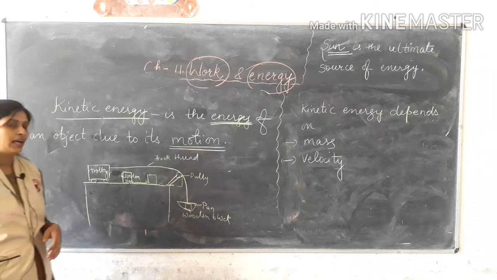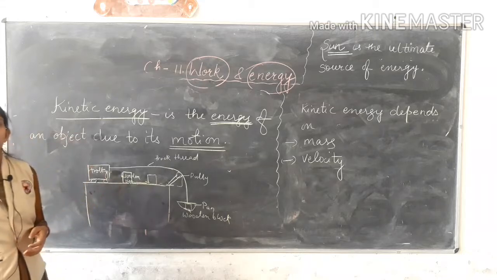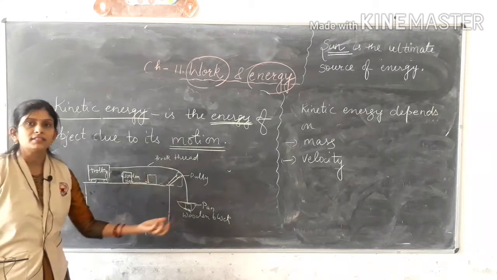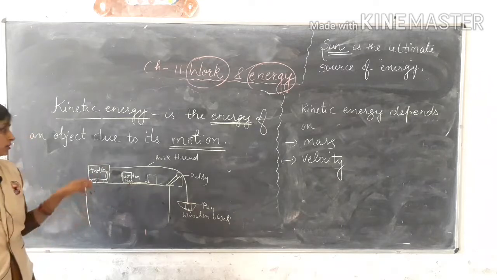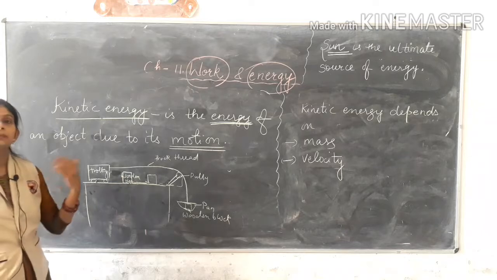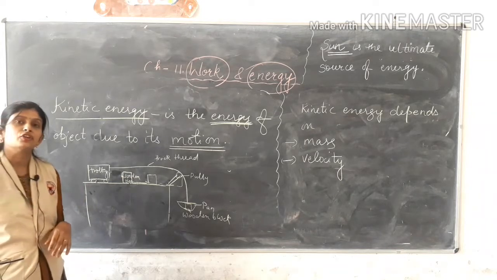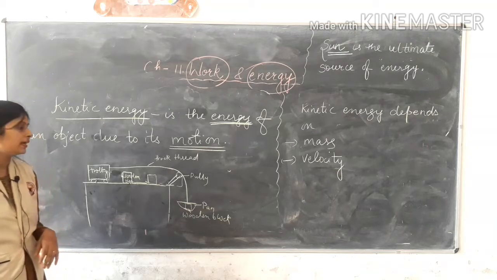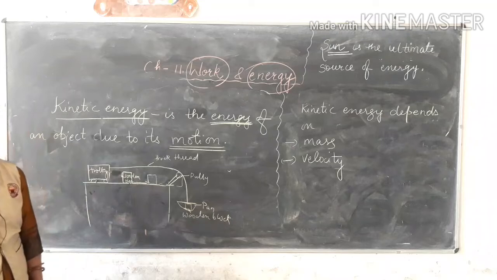It means kinetic energy depends on mass and velocity of the object. So kinetic energy of an object depends on mass and velocity.